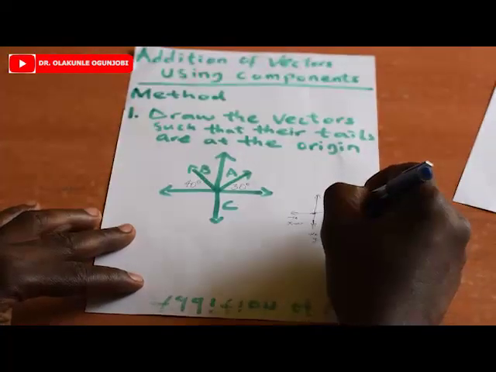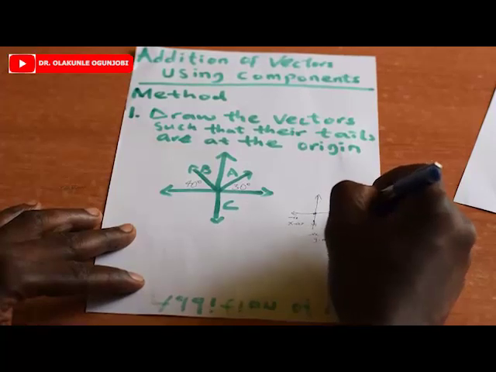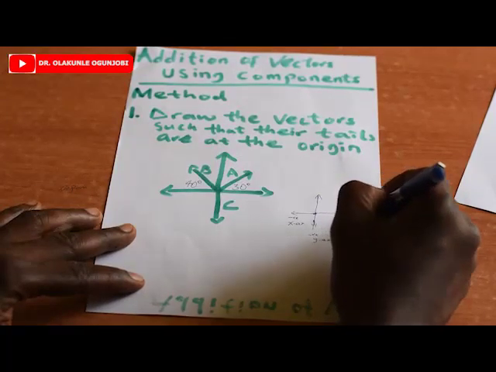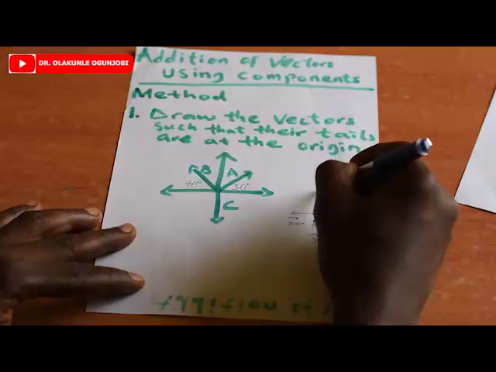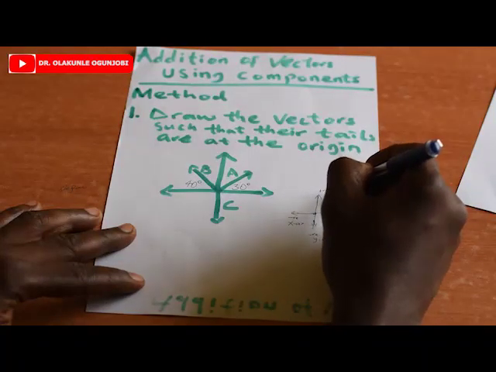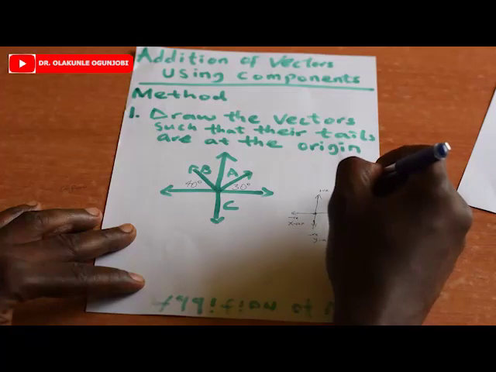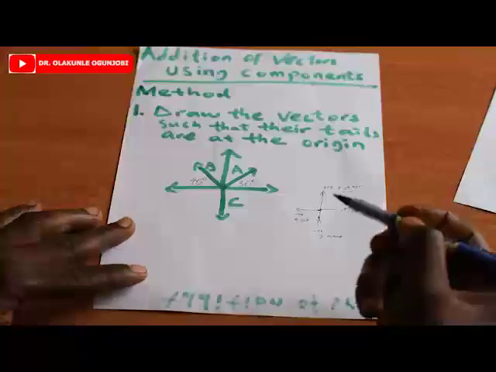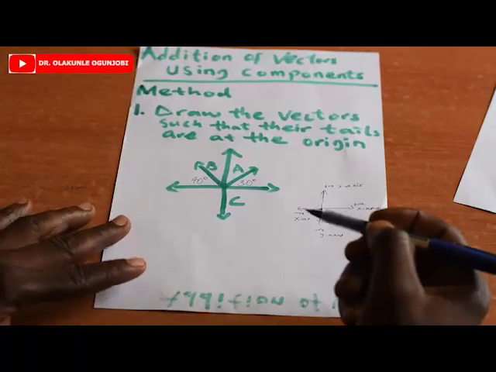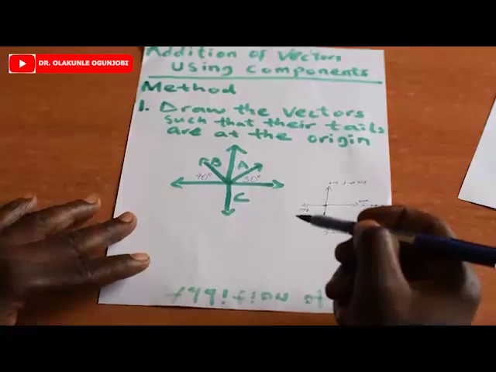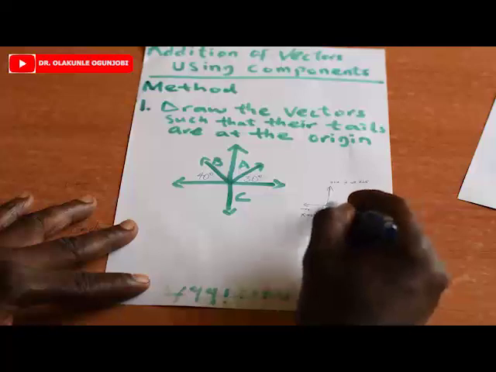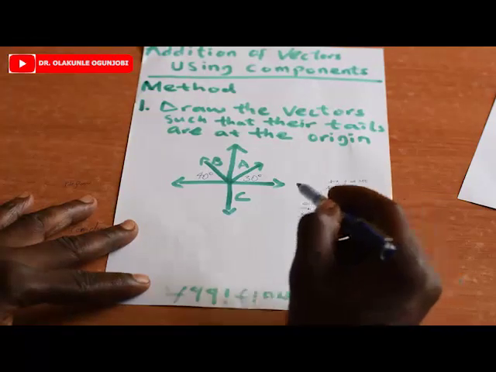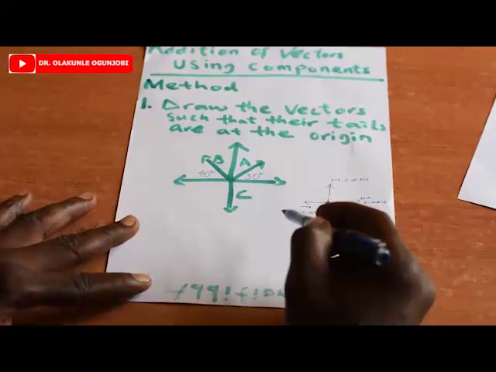This is positive x-axis, which I've shown previously, and this one is positive y-axis. These are very important while resolving our vectors. So you should draw that. Don't forget that all the tails must be at the origin.